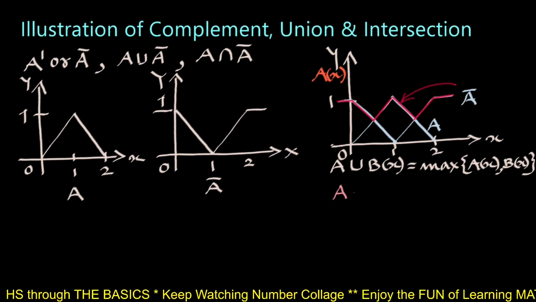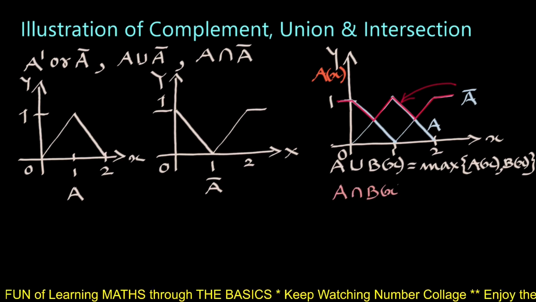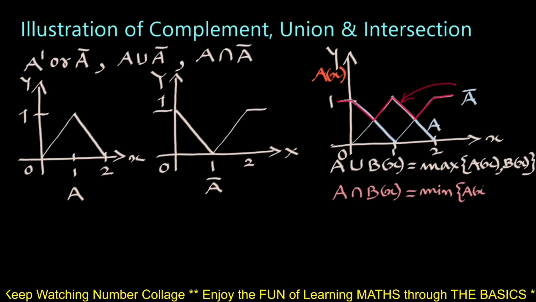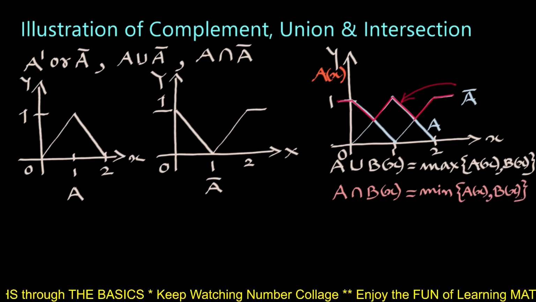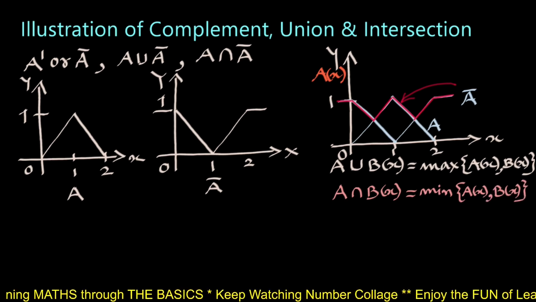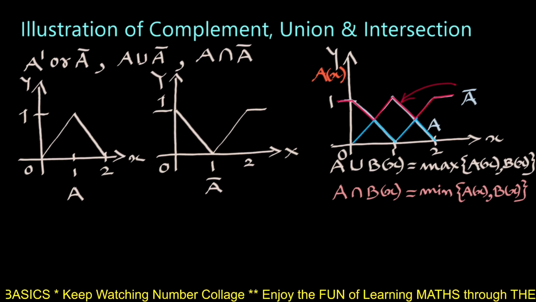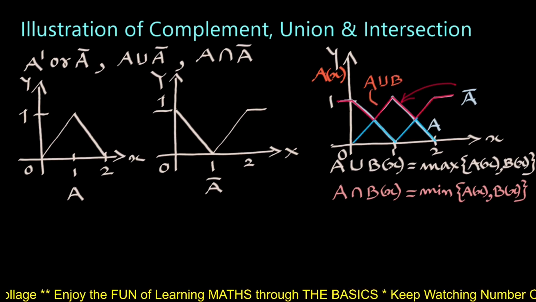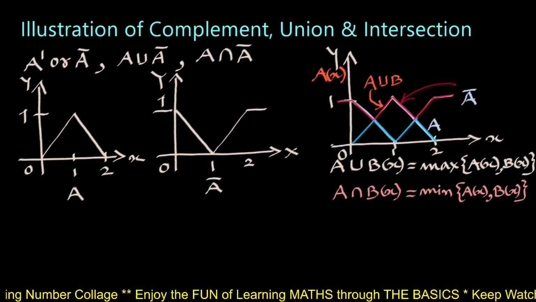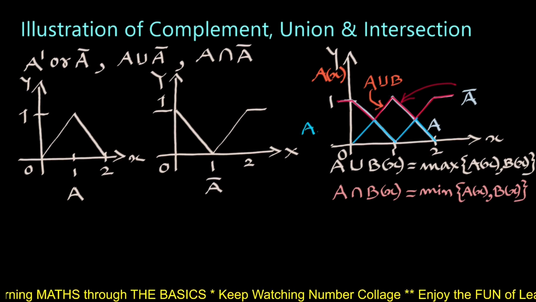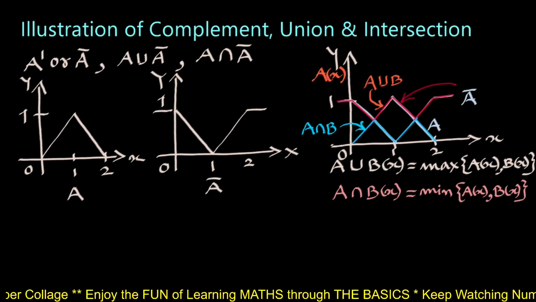We have seen A intersection B of X to be the minimum of A of X and B of X, and this minimum can be shown by this lower part of the diagram. So this is A union B marked by red ink, and this is A intersection B marked by blue ink.